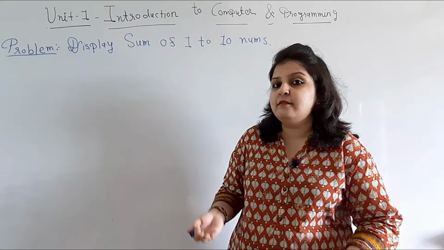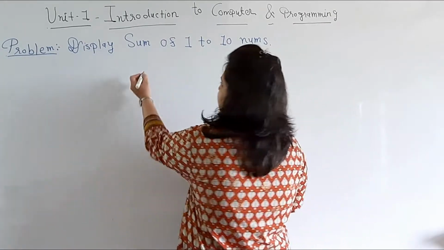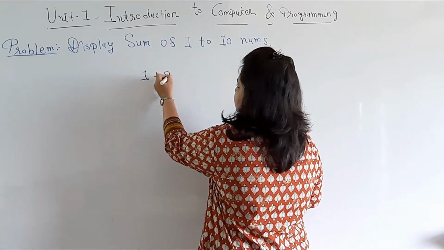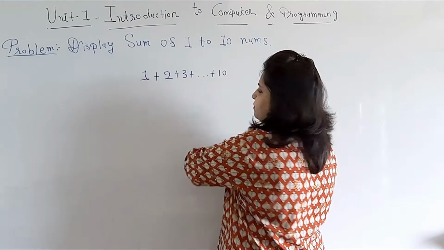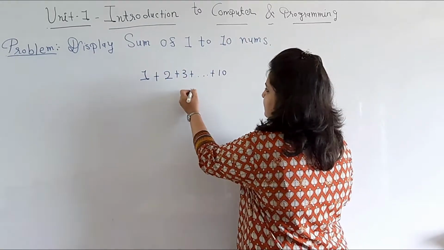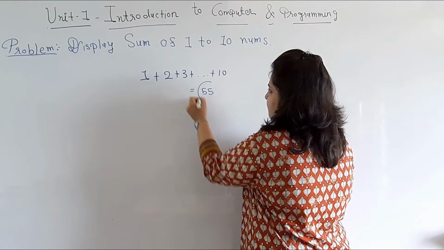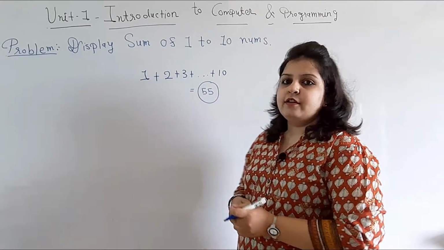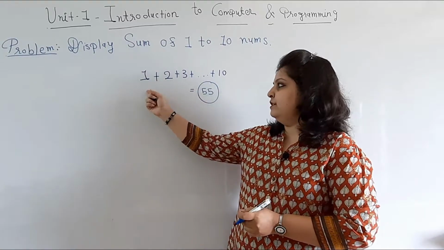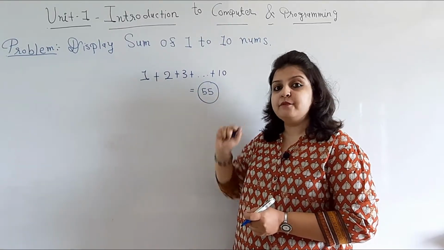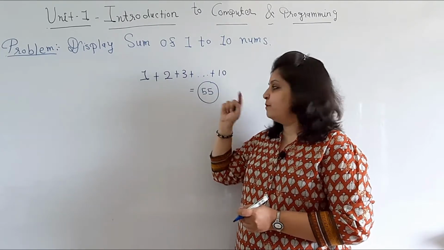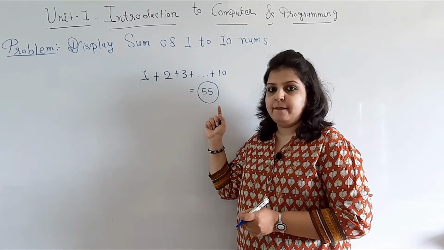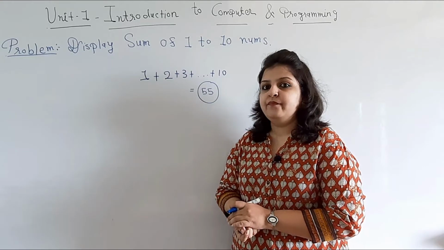It means the procedure is 1 plus 2 plus 3 up to 10, and our answer will be 55. So our input is the numbers 1 to 10, the process is addition of all those numbers, and our output is 55.